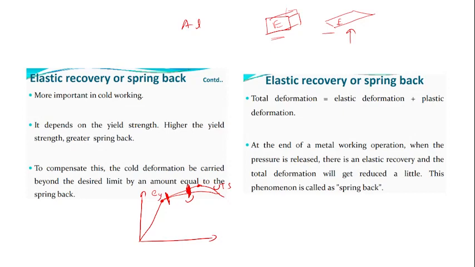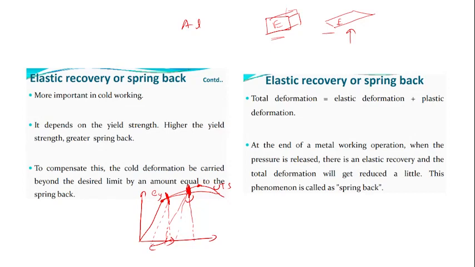So see here, whatever the elastic deformation will happen, this will be your recovery, right? I'm trying to tell here, up to yield strength, whatever the deformation will happen, will be recovered, right?